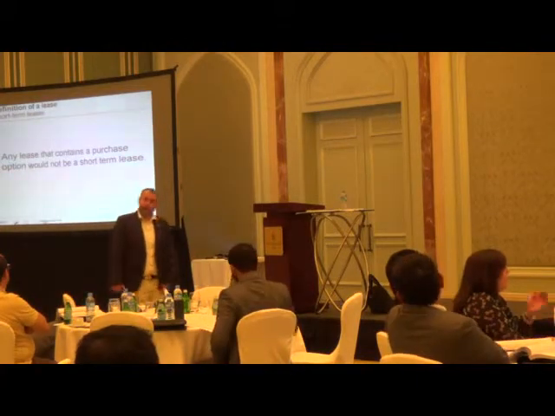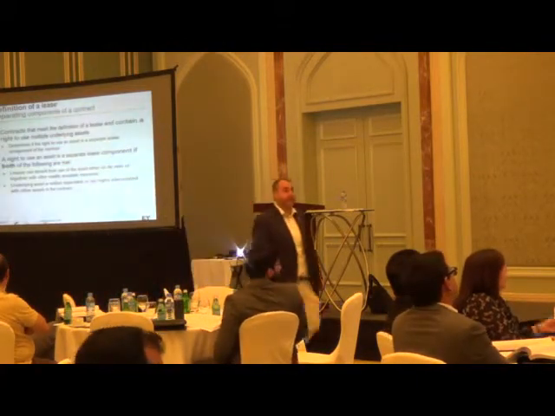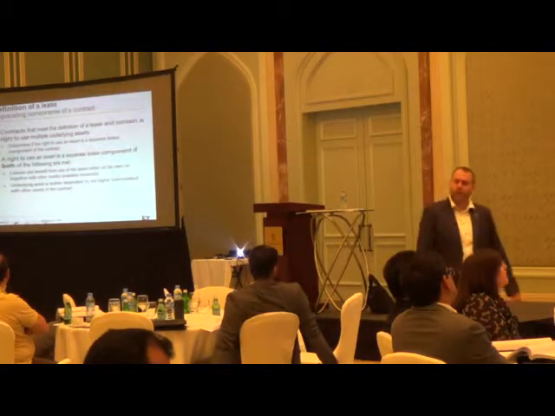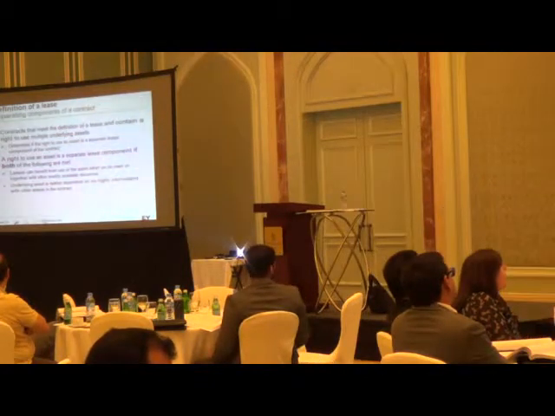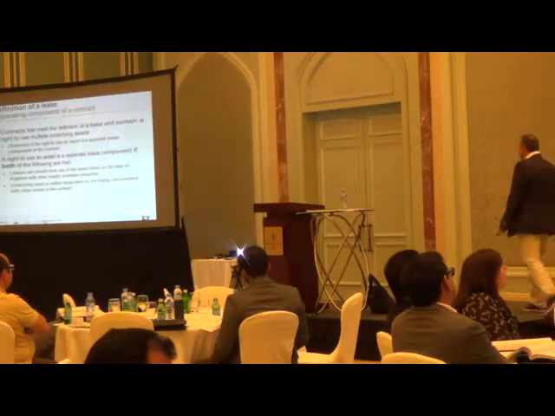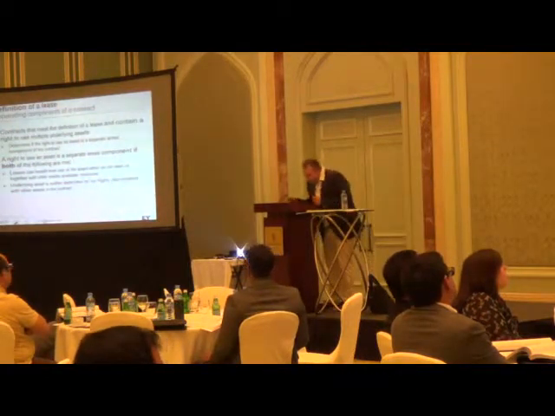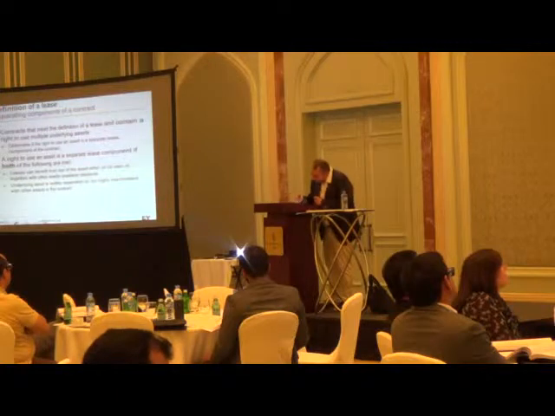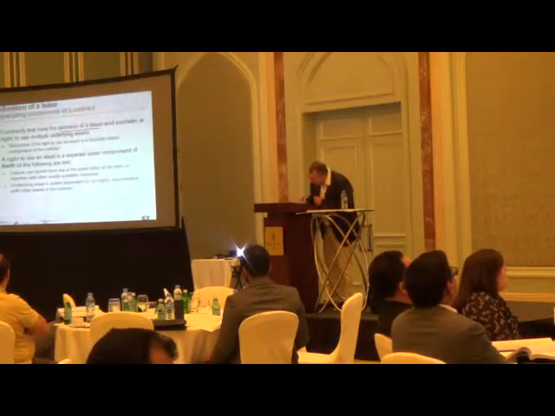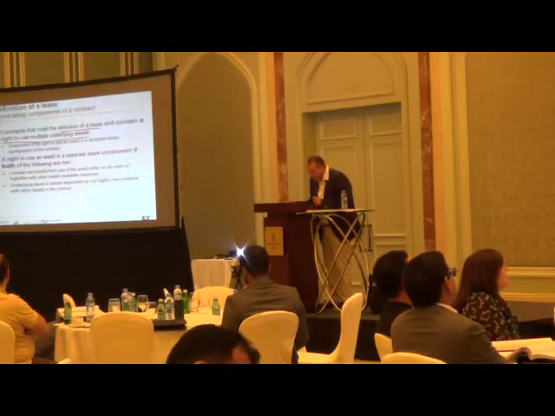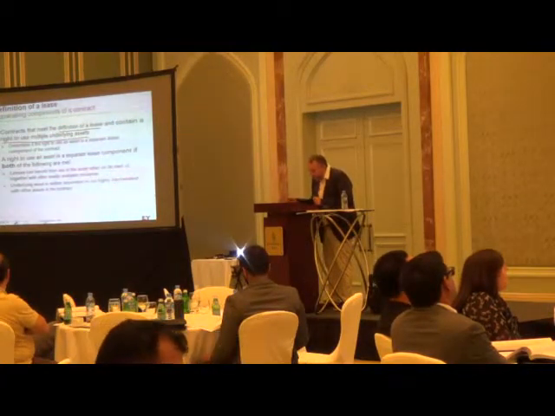Now the next one I need to talk about is separating the components of the contract. This must be familiar to you guys from yesterday, when we were talking about revenues. Please note that if the contract meets the definition of a lease and contains a right to use multiple underlying assets, then determining the right to use an asset is a separate lease component of the contract.